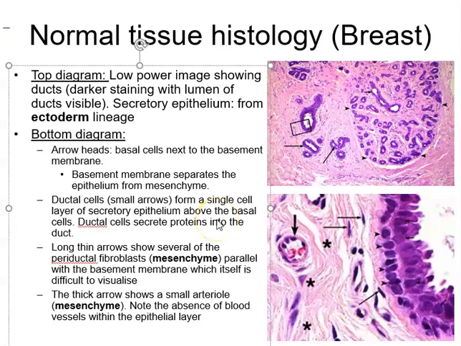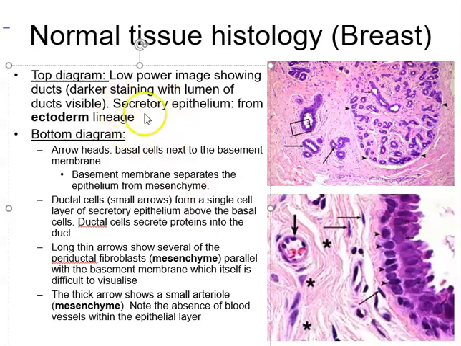Now, almost all of your secretory epithelium comes from the endoderm lineage. So think of all of your internal organs with secretory epithelium, pancreas and all of that, GI tract lining cells. A lot of those are secretory epithelium.